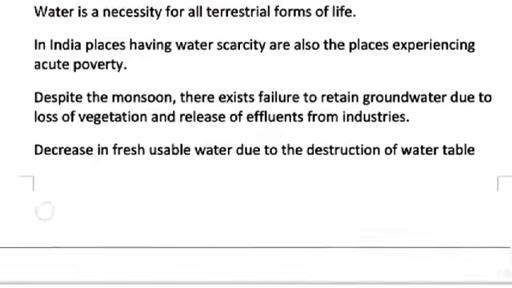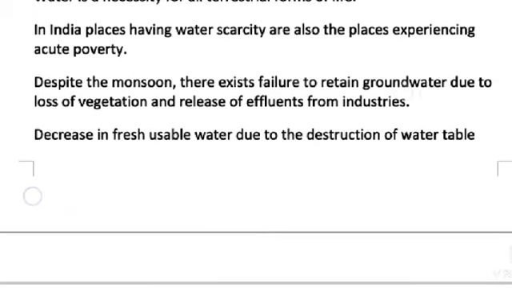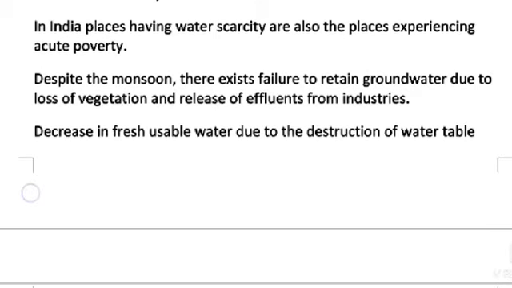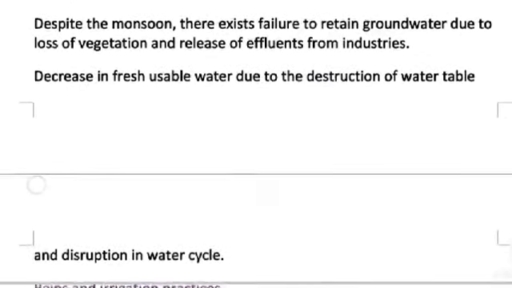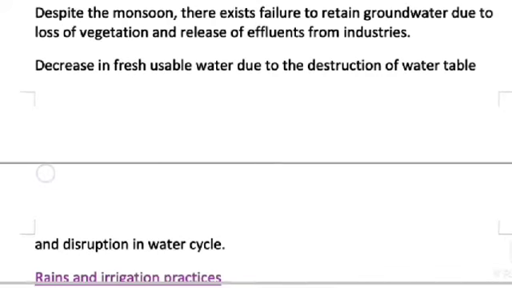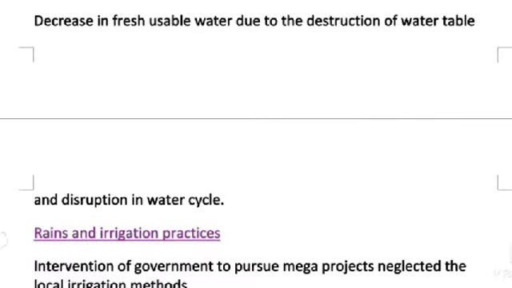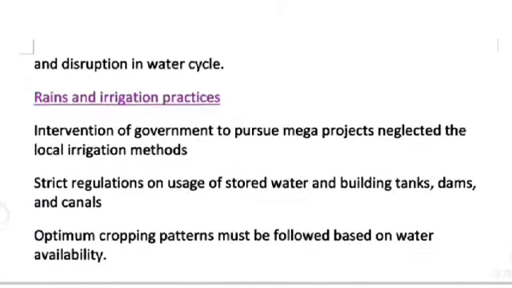Despite the monsoon, there is failure to retain groundwater due to loss of vegetation and release of effluents from farms and industries. There is a decrease in fresh usable water due to the destruction of the water table and disruption of the water cycle.